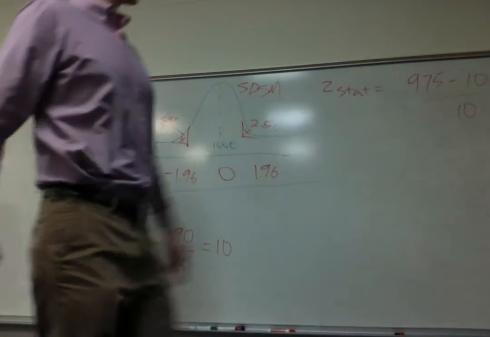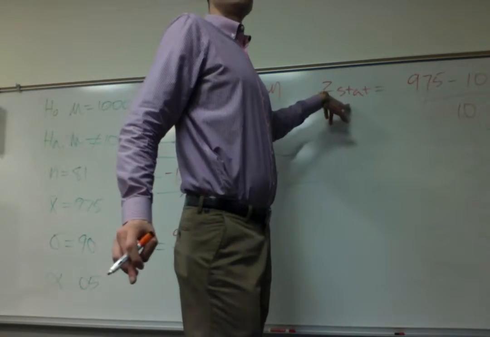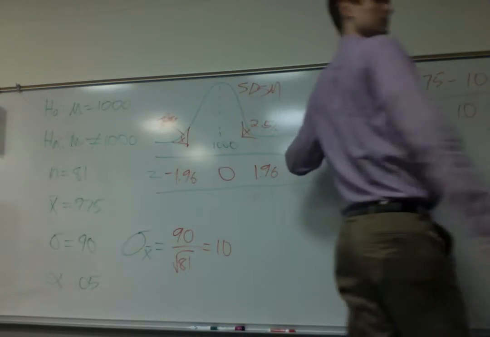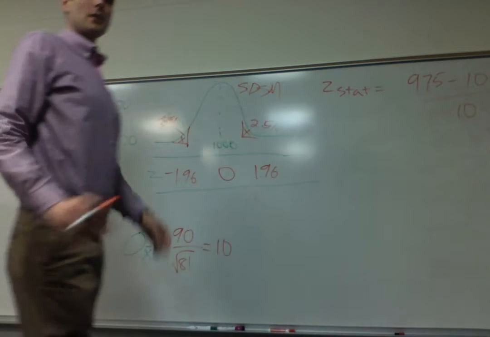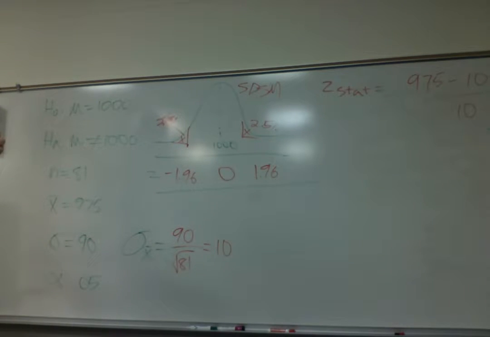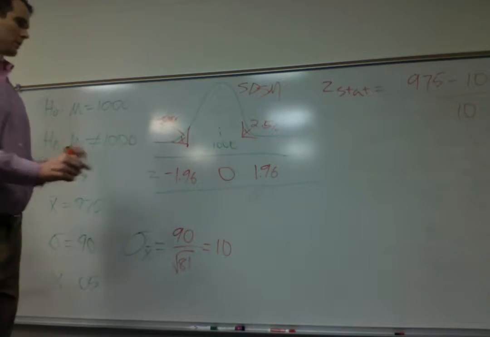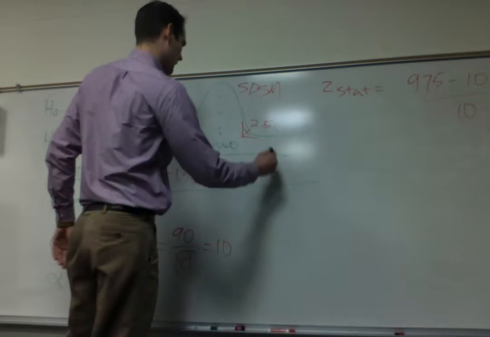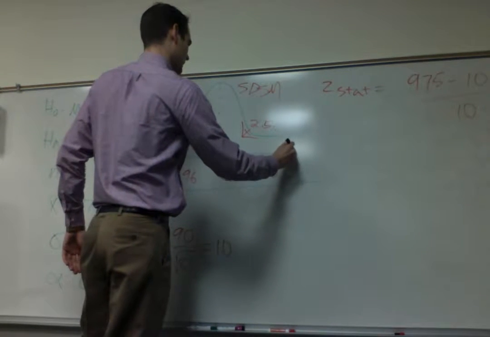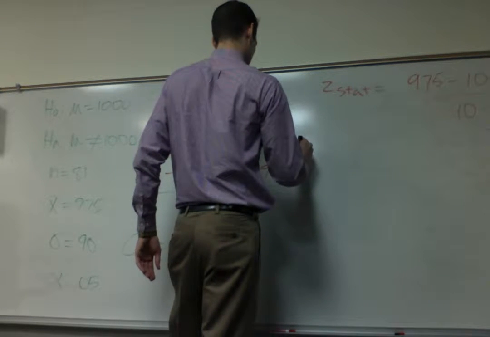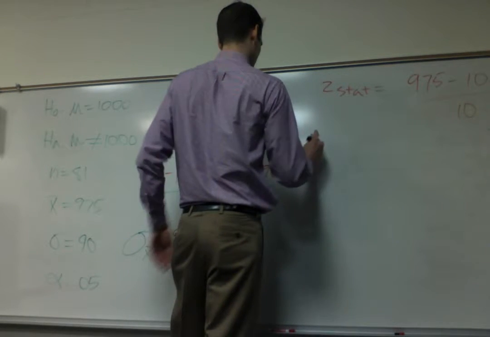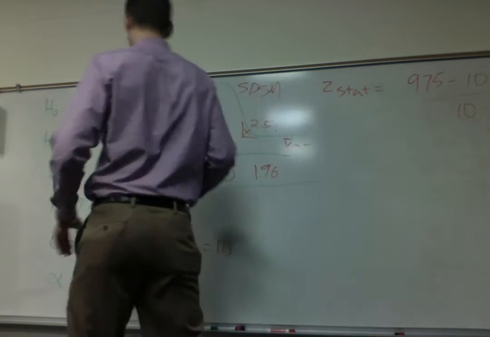And what did we get for our z-stat? Negative 2.5. So what is our decision? So our z-stat landed right here. Negative, oh wait, no, not here. Other side, sorry.